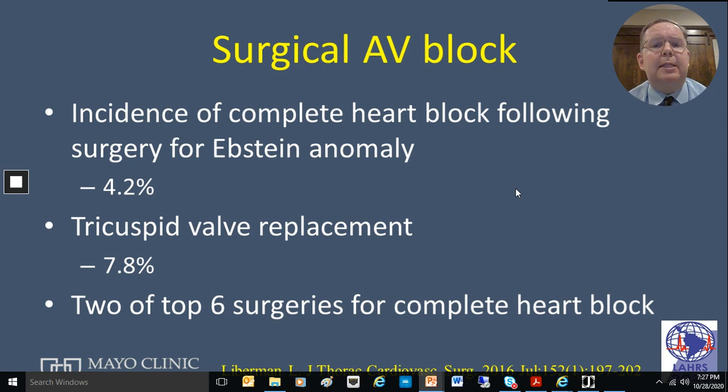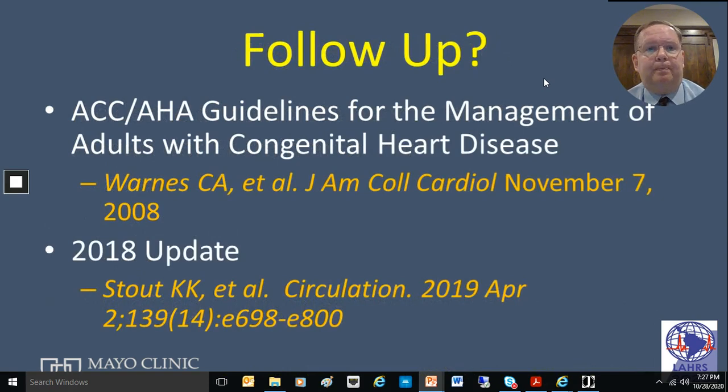So this surgery, the Ebstein's anomaly, with or without tricuspid valve replacement, has a high incidence of AV nodal damage that requires a pacemaker. And it also is more challenging to put a pacemaker in because you have to place the pacemaker lead past the repaired tricuspid valve. So it's very important to try to preserve AV nodal function in these patients if at all possible.